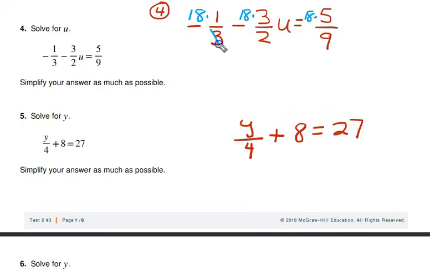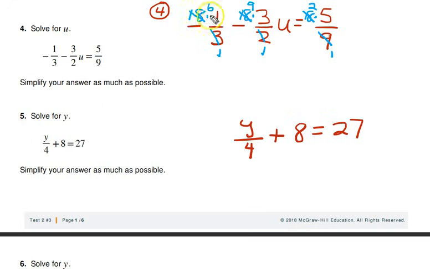Now, 3 goes into 3 once. 3 goes into 18 6 times. 2 goes into 2 once. 2 goes into 18 9 times. 9 goes into 9 once. 9 goes into 18 twice.